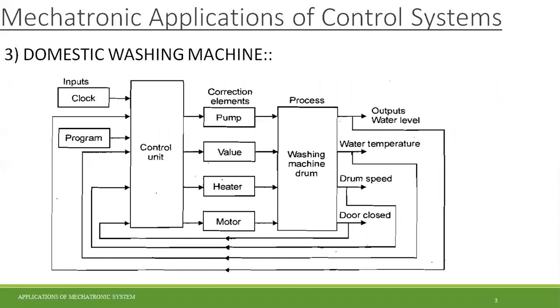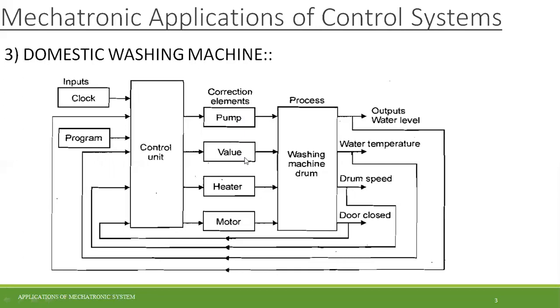Simultaneously, on a domestic basis, we will be utilizing another application, that is the washing machine. So how the working exists: there will be a washing drum, which is connected to a number of devices such as a pump and valve. Pump is nothing but switching on the water supply to the drum.